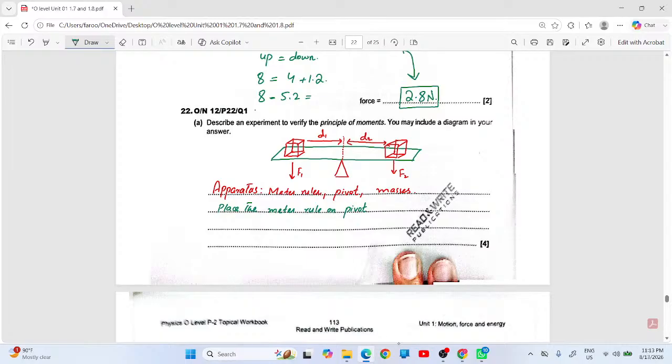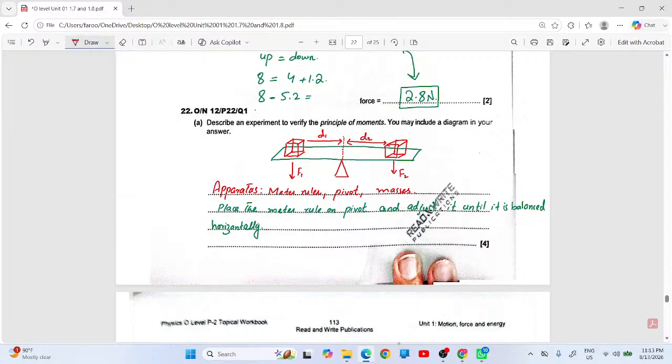You have to place it on the pivot and adjust it until it is balanced horizontally.